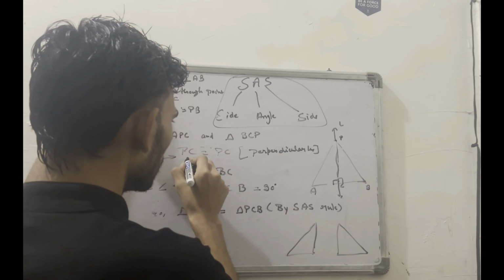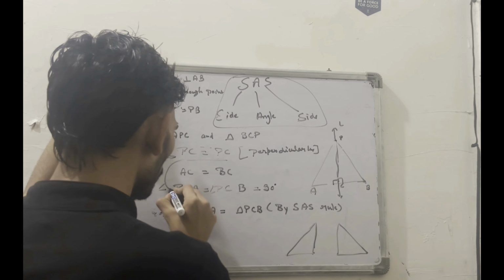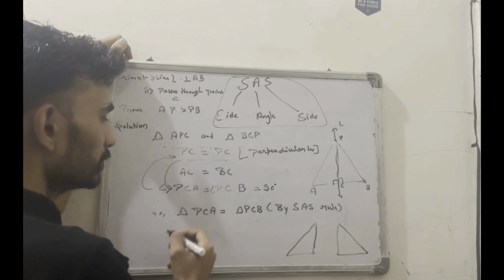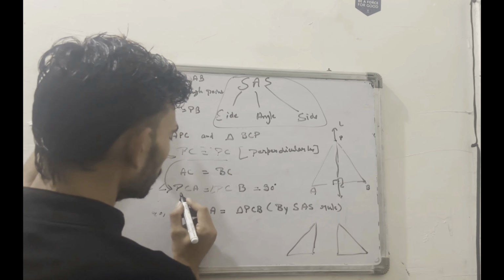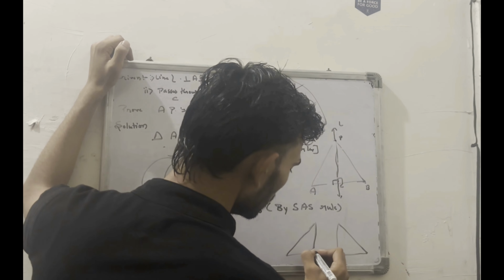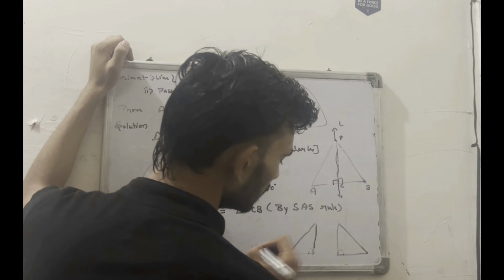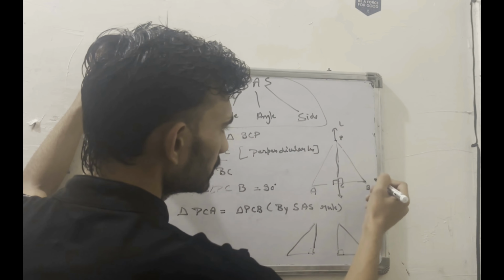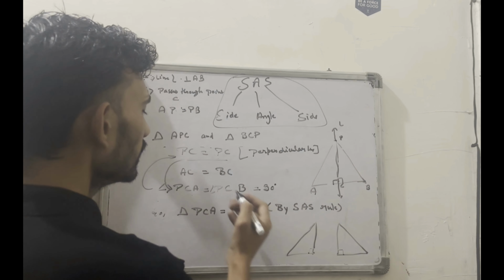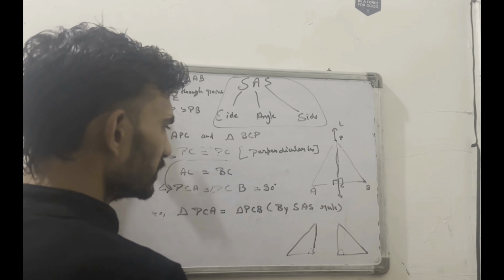That's why we have written PC equal to PC. Because in triangle PCA the angle at point C is 90 degrees, and the angle at point C for triangle PCB is also 90 degrees. So if the angles are equal, then we write PC equal to PC.